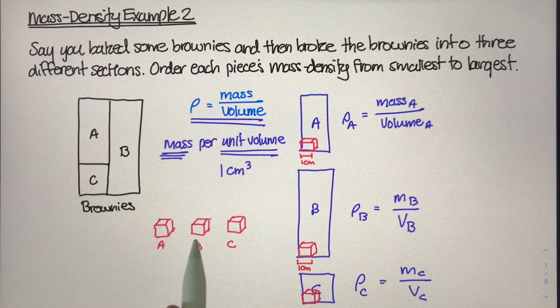Now, if we look at each piece of brownie here, well, if we measured this on a scale and each piece was 1 cubic centimeter, you could safely assume that each piece is going to weigh the same.